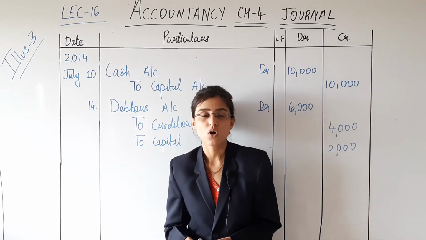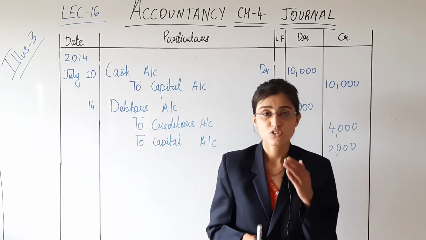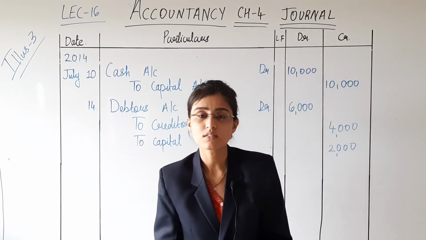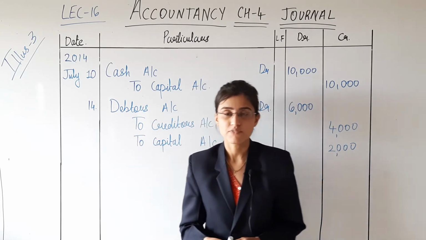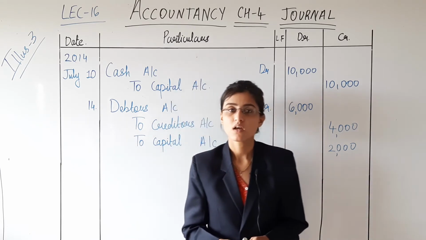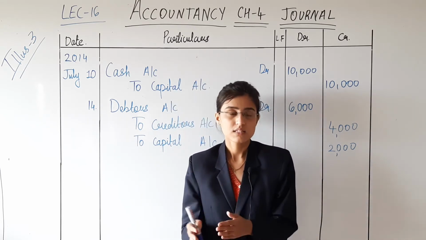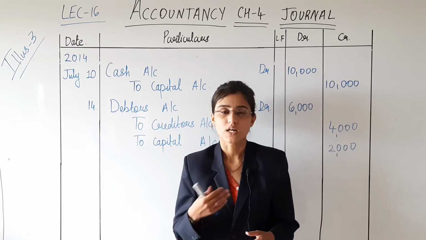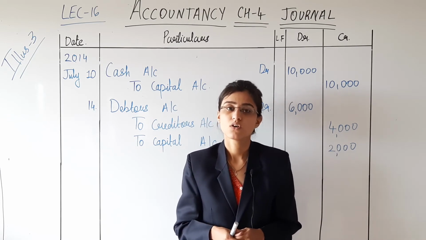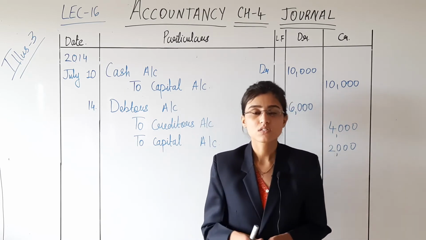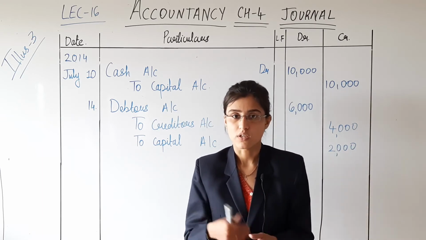Personal expense is always termed as drawings. Yes, I have explained this while explaining the definition of drawings in chapter 1. And this illustration is all about the transactions of capital and drawings. So, this is the very first transaction about drawings.